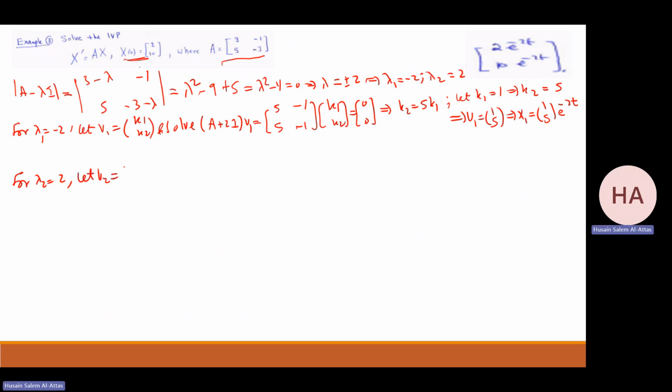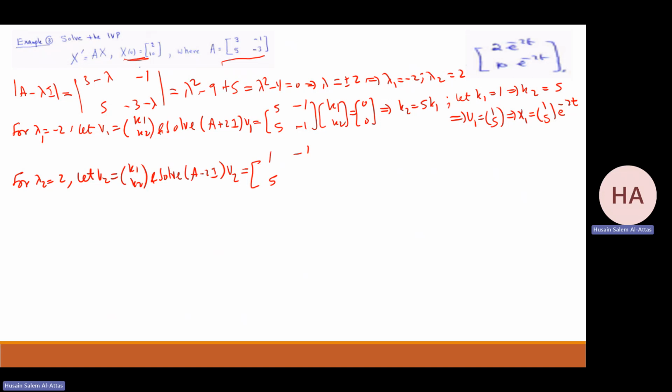I let V2 be K1, K2, and solve this system. A minus 2I times V2, which is equal to what? 3 minus 2, sorry, 3 minus 2 is 1, not minus 1.